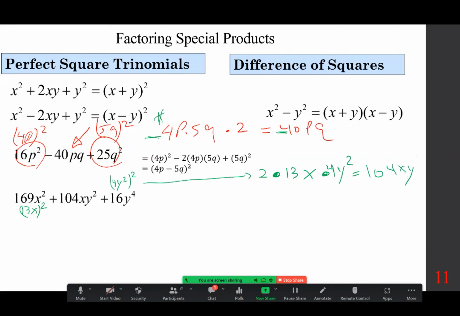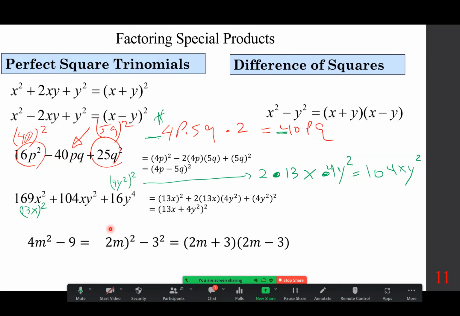We should recognize. We go to the next one. We should recognize this is 2m to the second power minus 3 squared. In other words, you need a parenthesis here.